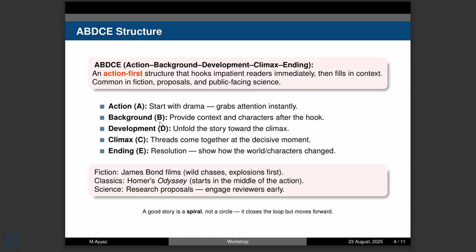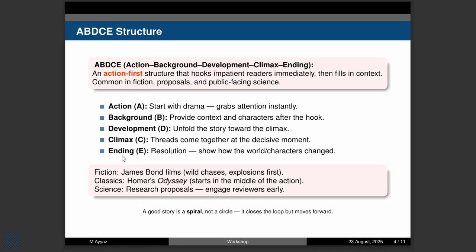Then we describe the background in which the action is taking place. After describing the action and its context, we develop the story. As we develop the story, we come up with the climax, which is the point at which we join the threads of the whole story.